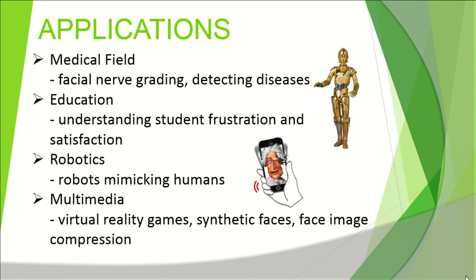We know that researchers are trying to create robots that mimic human intelligence. To do so effectively, they need to understand human emotions too. So here, the emotion recognition system plays a huge role. Now, coming to virtual reality, synthetic faces, and other multimedia areas, facial expressions and human emotions play a major role.